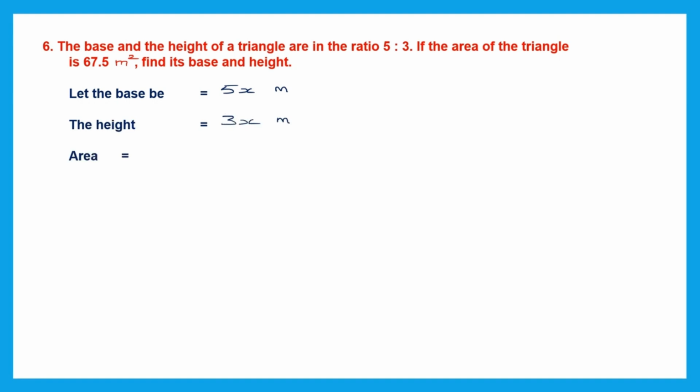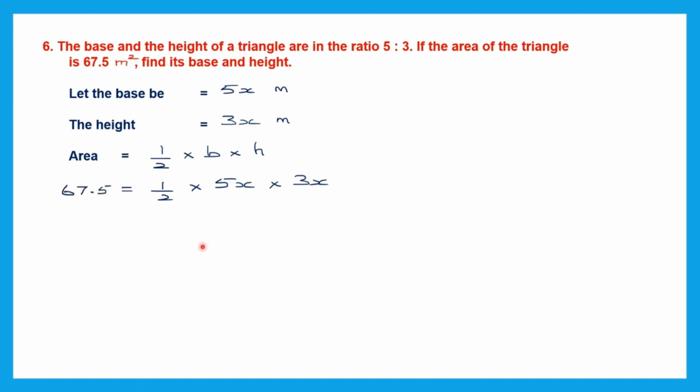Now we can find the area with the help of the formula half base into height. So that is half into base into height. So 1 by 2 into base. How much is base? 5x and height is 3x. And we've also been given the area, that is 67.5.